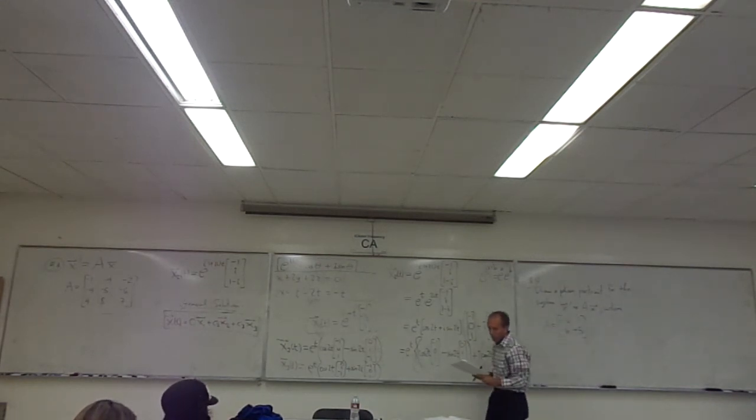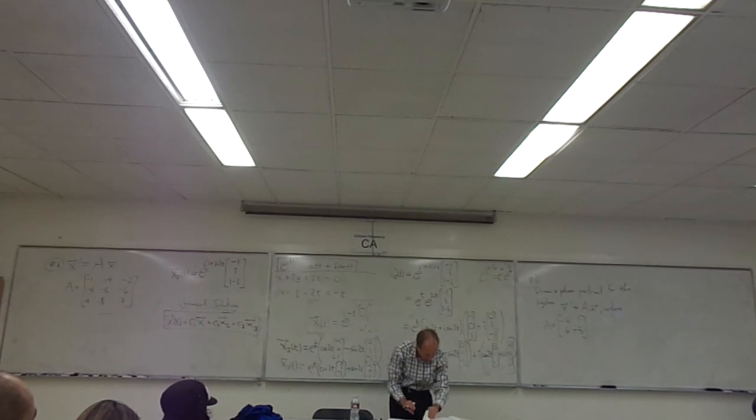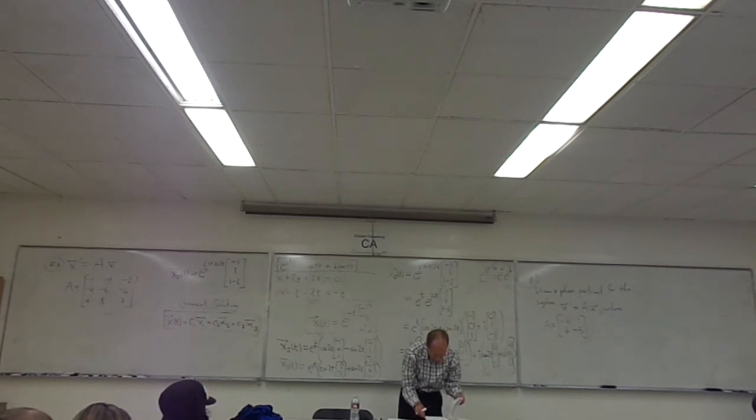So let's start with this one, and then I'll give you another one that has a nice imaginary set of solutions to it. Okay? So if I want to draw the phase portrait, what would be the first thing that I would have to do? Right. I have to find my eigenvalues and eigenvectors, right?